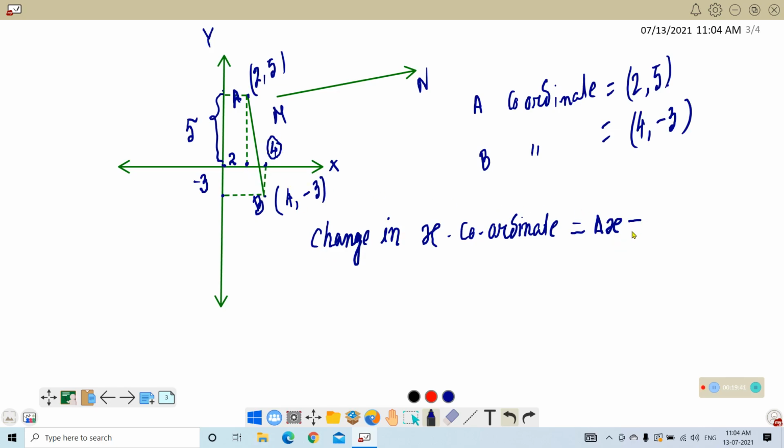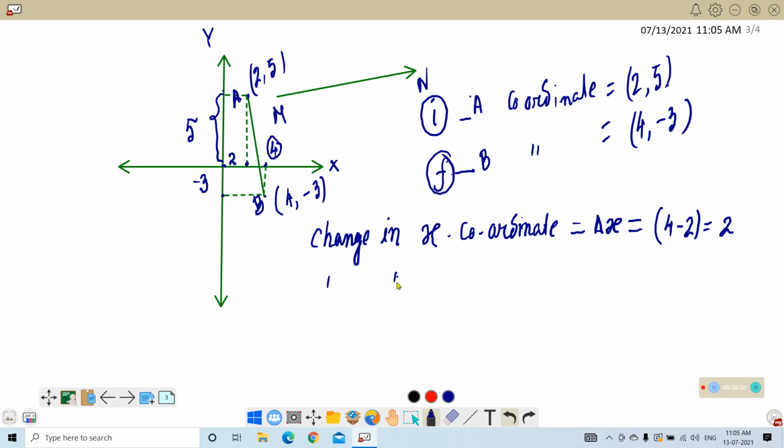So we can say delta x is equal to 4 minus 2 is equal to 2 unit. We can assign any one of these as initial and final, but once assigned, it will be permanent. So we have assigned here B as final. This is final value and this is initial value. In the book, this is just reverse to it.